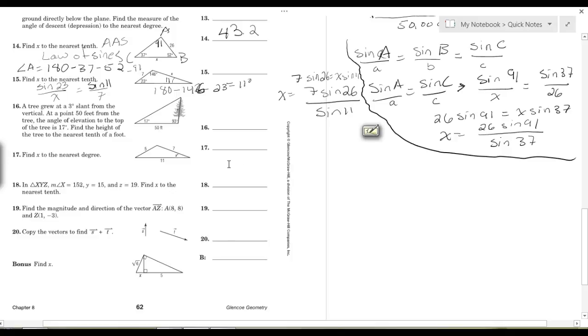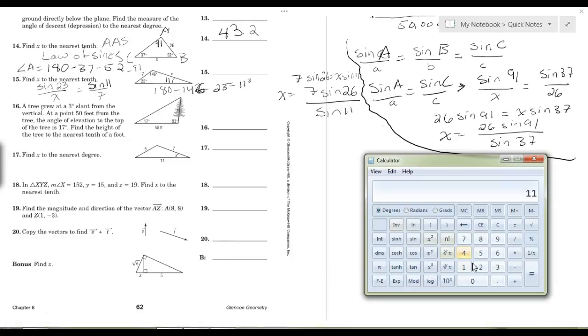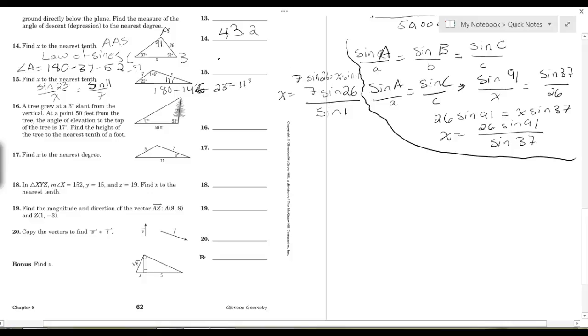And I'll put that into my calculator. 23, find the sine of it, multiply that by 7, and then I'm going to divide that by 11, the sine, and I get 16.08, and it says round to the nearest tenth, so I'm going to get 16.1. So I'm going to go ahead and write my 16.1 in right here.